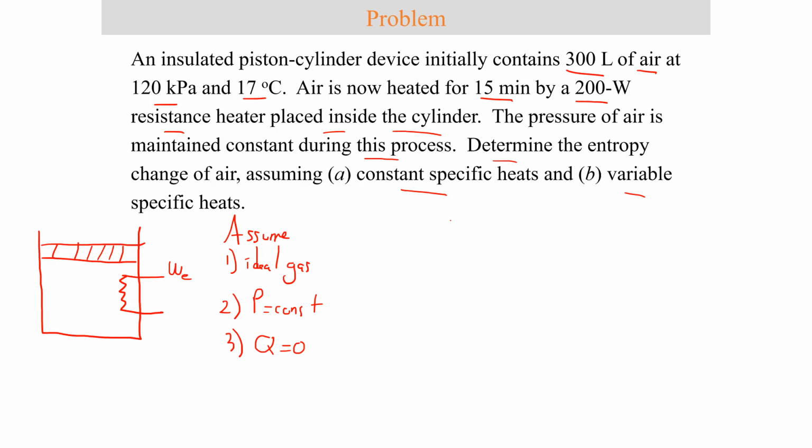Now, they're asking us to find the change in entropy, right? Now, if you remember, a full second law analysis includes the term entropy change, the change in entropy, delta S, the entropy at state 2 minus the entropy at state 1.